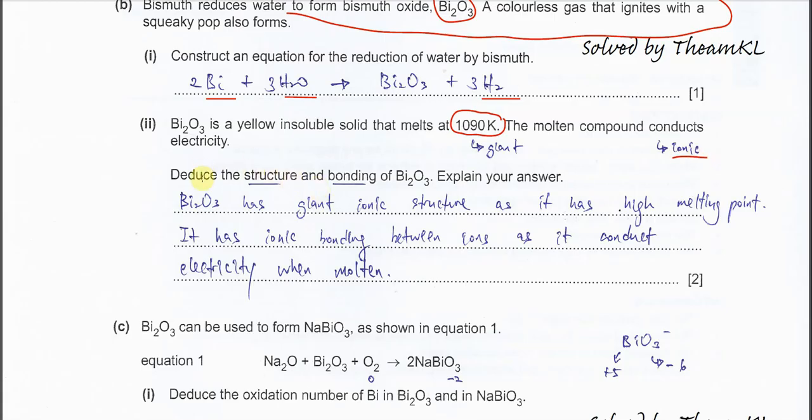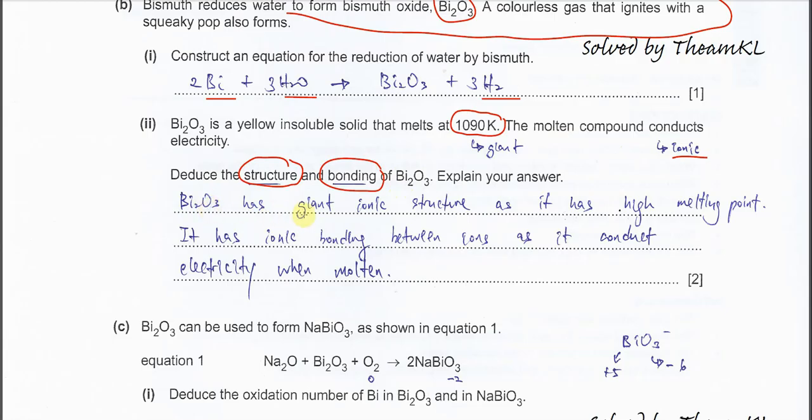So the question is asking, deduce the structure, whether it's giant or simple, and the bonding of bismuth oxide. So which bonding is it? Is it covalent bonding or ionic bonding, or others? So obviously this is ionic bonding, right? Because I already told you there are cations and anions inside. So you just explain accordingly.